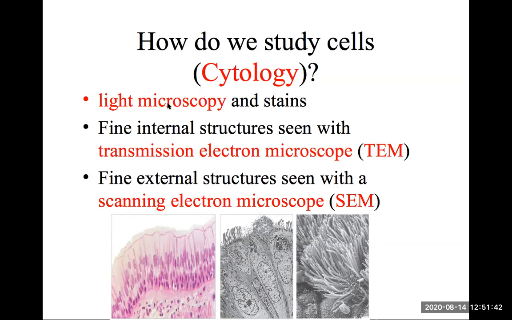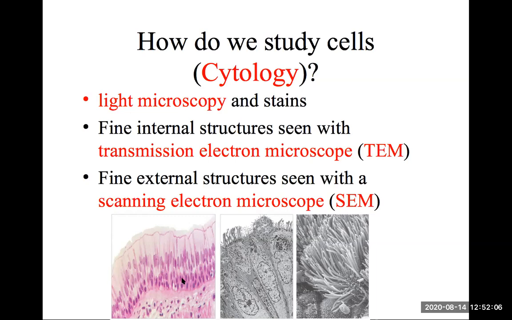And light microscopy works by shining a light through a sample and then magnifying that image through very high quality glass. So it was only when they had high enough quality glass that they could stack those magnifying lenses one on top of the other, which allowed us to finally see that there were individual cells.